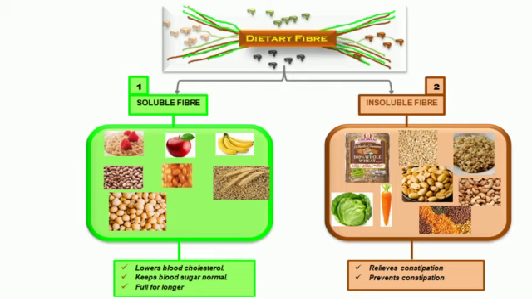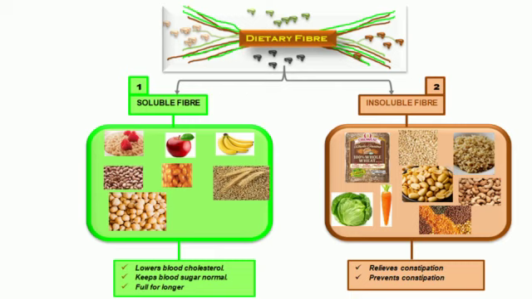Soluble fiber traps cholesterol and glucose in the gut, reducing their absorption, thus keeping blood cholesterol low and keeping glucose levels normal. Insoluble fiber keeps feces soft and prevents digestion problems.